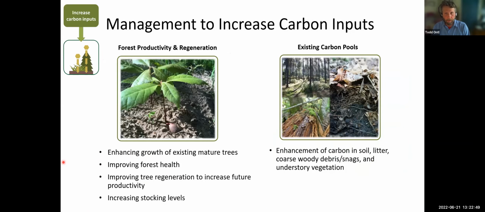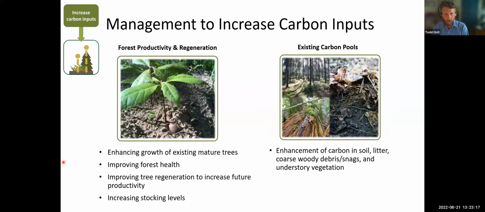So just to dig in a little more on these management options for increasing carbon inputs to the system, we can think about how we can enhance the growth of our existing mature trees. Some of those actions might look like thinning around our healthiest mature trees to give them more room to grow, with less competition for water and nutrients.